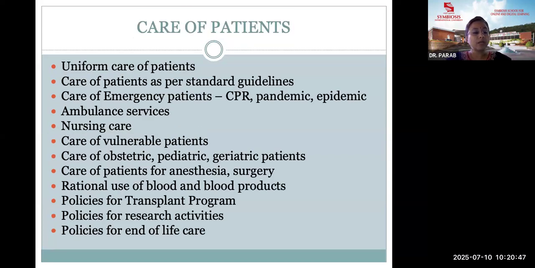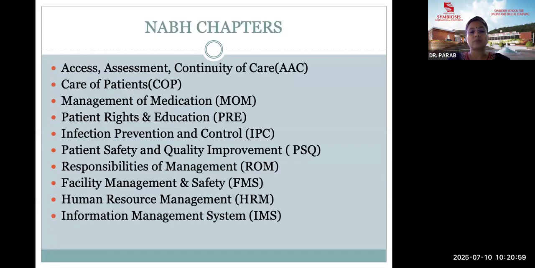The second chapter is probably the biggest chapter in the entire set of 10 chapters. And this is a hardcore clinical chapter. See, if you just see the chapters, I'm just going back to it for a minute. If you just see these chapters, the first 5 chapters are totally clinical. Okay.